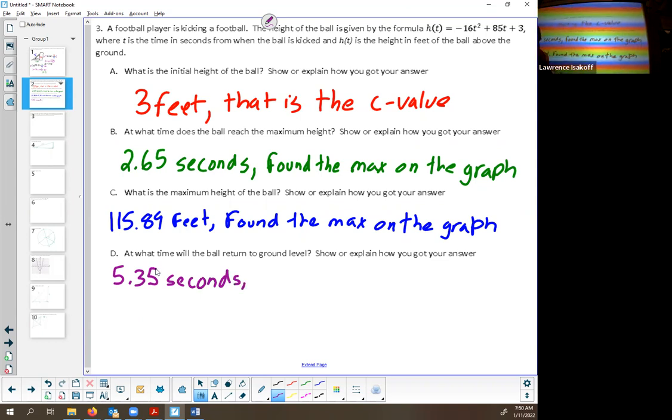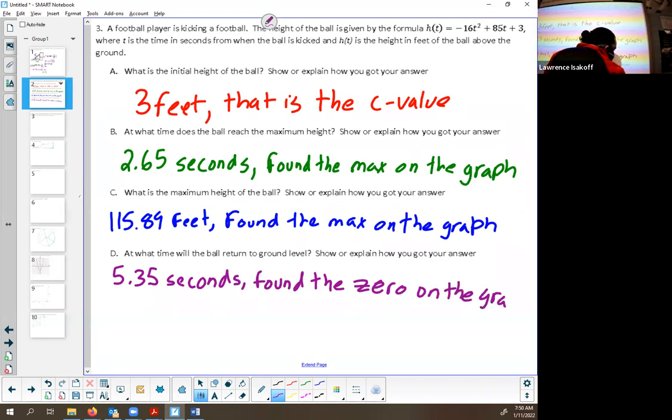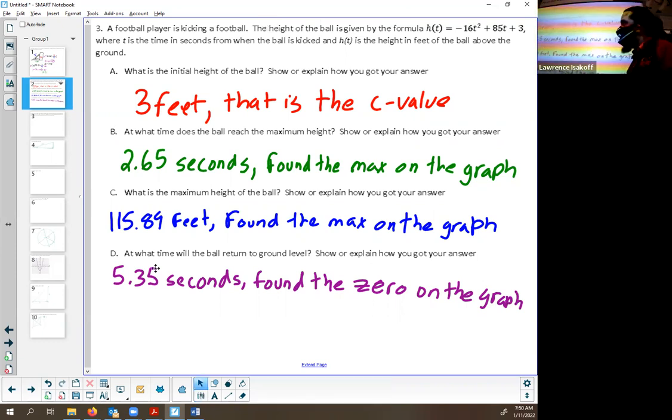But I'm going to just say you found the 0 on the graph. So that is number 3.